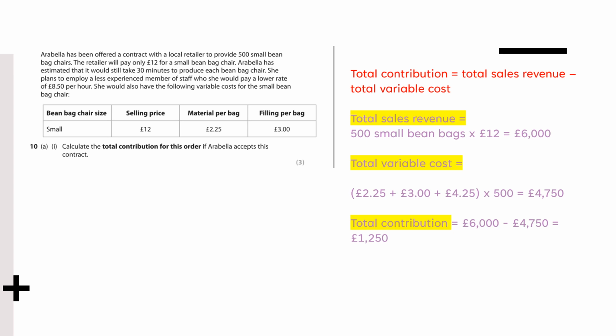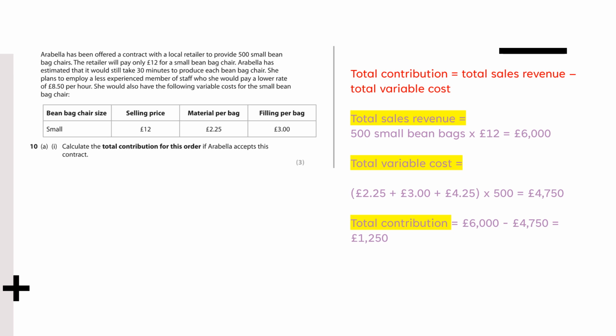Now the total variable cost, we've got the materials per bag, which is £2.25. You've got the filling per bag, which is £3, and you've got £4.25. Now this £4.25 comes from the £8.50 that she's going to pay the less experienced staff. Now remember that it would take 30 minutes to produce each bag, but she pays him £8.50 an hour.